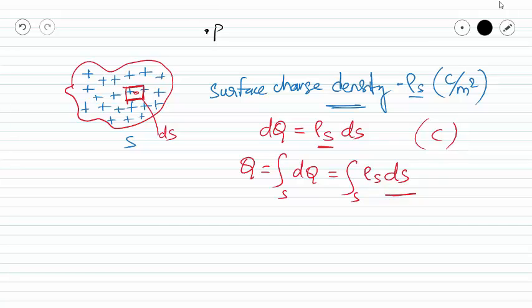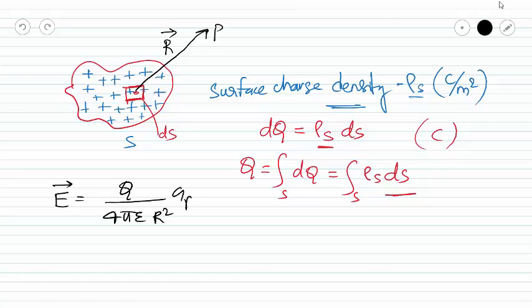So again what we will do, we will draw a vector from the reference point of differential surface area to the point of interest. Let us say again this is r bar. Now again using the same relation, for a point charge E bar is equal to q by 4 pi epsilon r square a r bar.